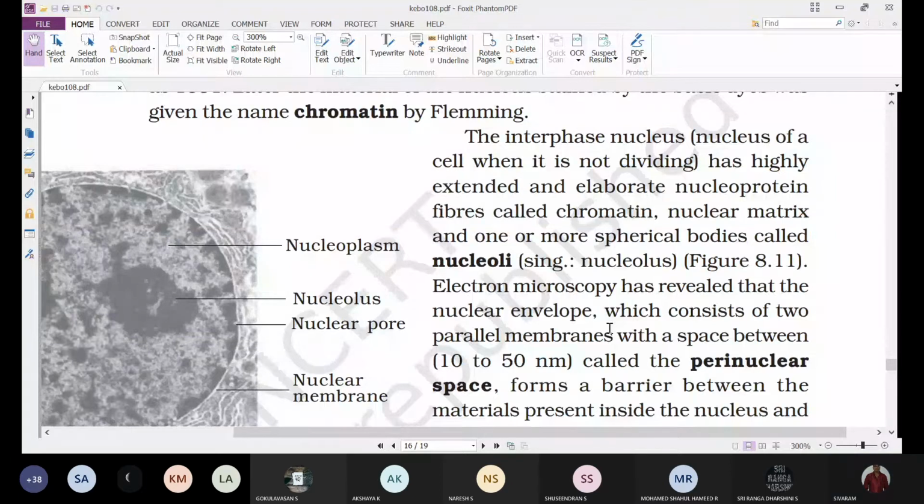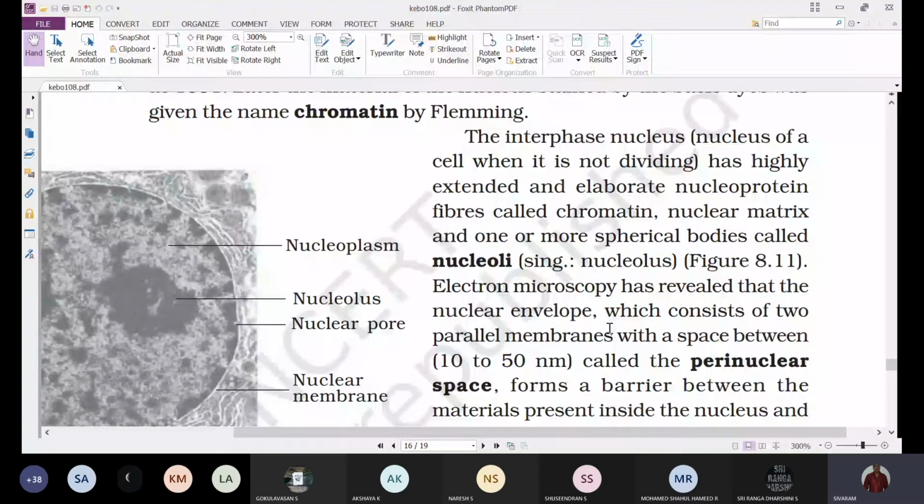And the substance enclosed inside the nucleus we call the nuclear matrix, or nucleoplasm. And next, we find one or more bodies called nucleoli. So these are the major components we observe inside the nucleus.